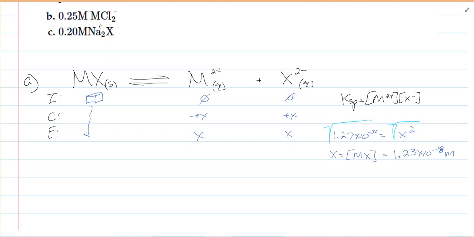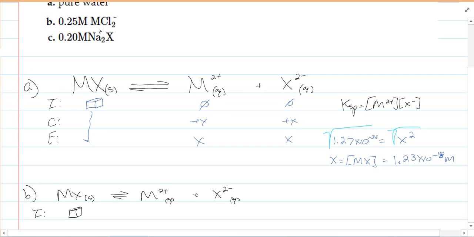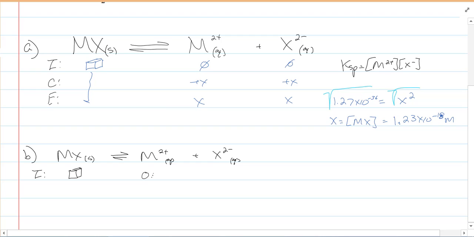B. For B, it's the same MX solid, M2 plus X2 minus, and those are both aqueous. So now in my ice table, I have some MX. However, we have 0.25 M and 0.